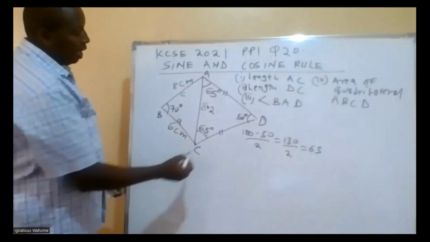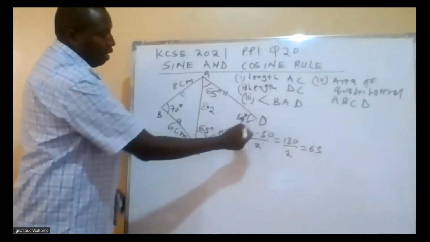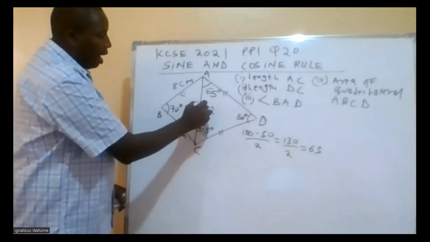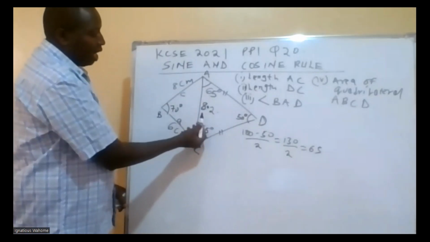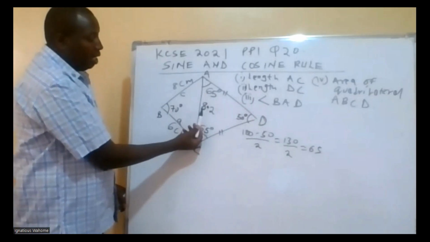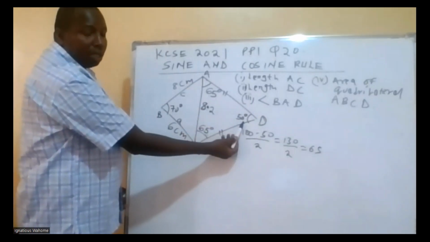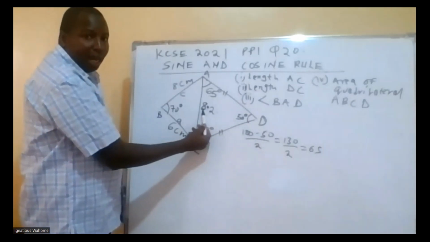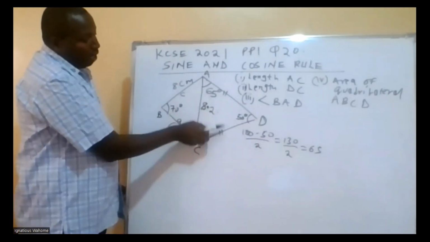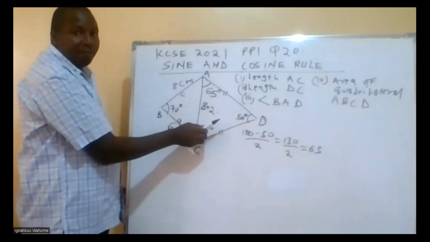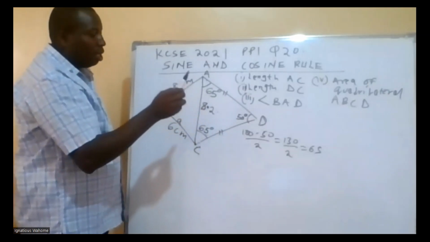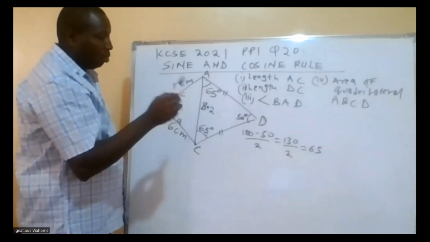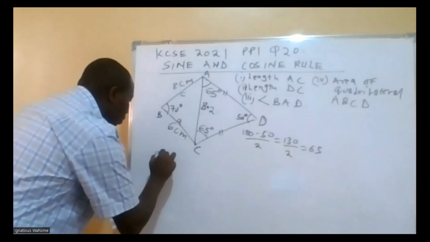So when you want to find the length of CD, or DC in this case, you have this side 8.2 and this angle, the angle and its opposite side, and then you have an angle and you want to find the opposite side. In this case, you are going to use the sine rule.